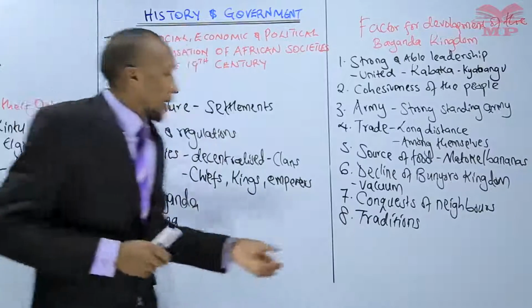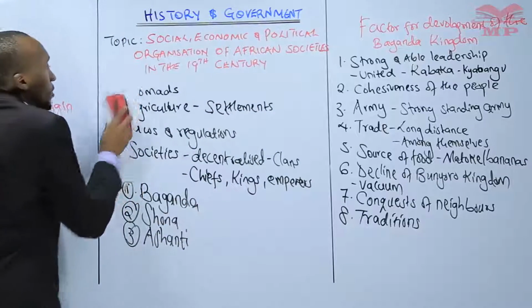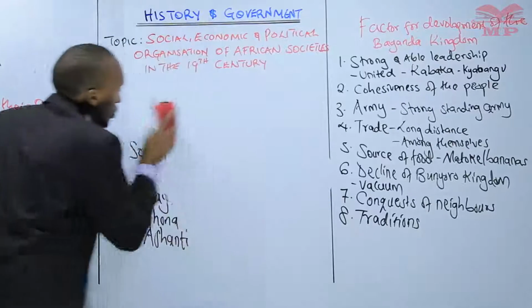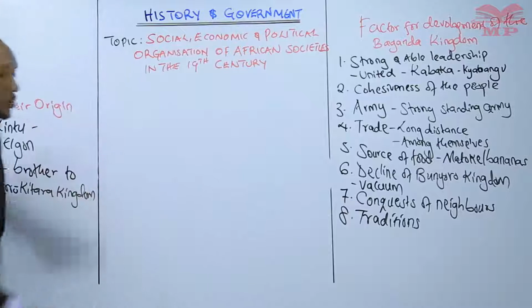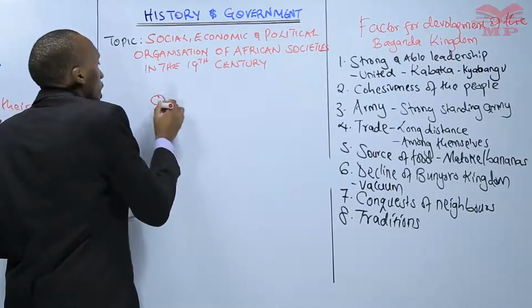But before that, let us do a recap. As a matter of our recap, I'm going to give you a question that is going to help you internalize what we have learned in our lesson today. So, a question.